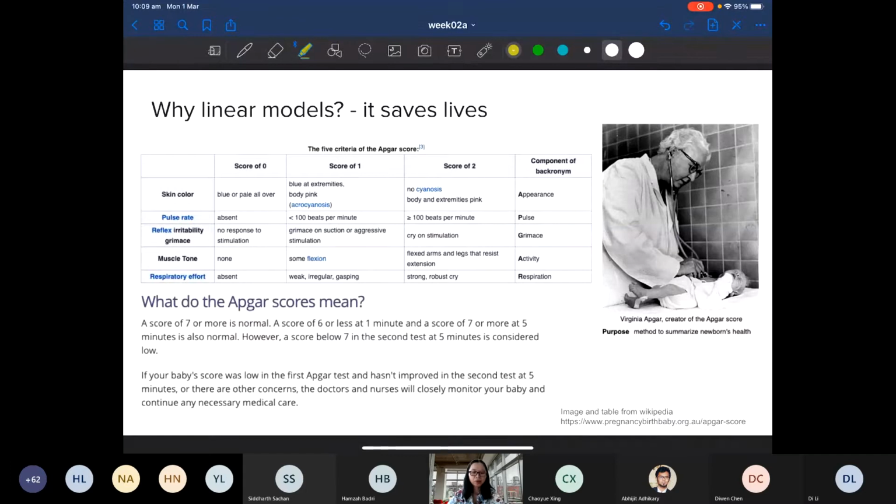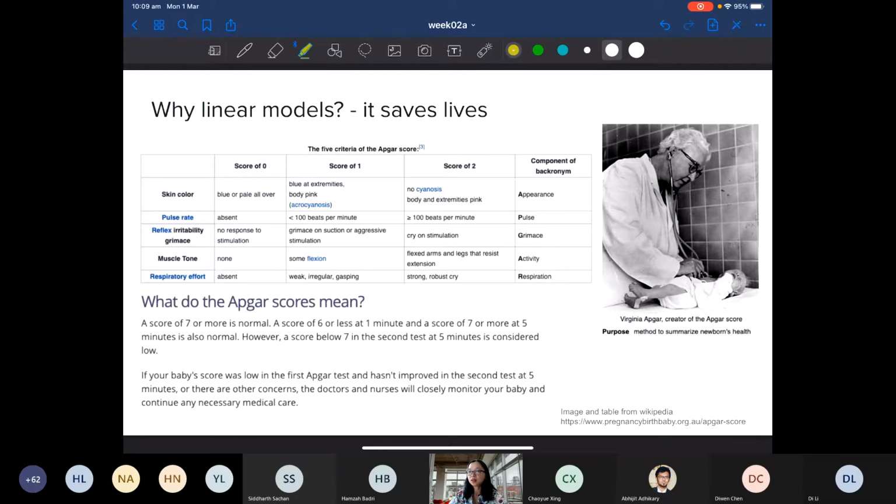You can see that there are 5 factors that are spelled into the last name of the inventor, like skin color, pulse rate, and so on. And each of them has a number of features that maps to a numerical value between 0 and 2, and then they are simply added up.